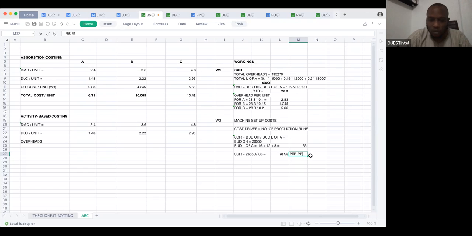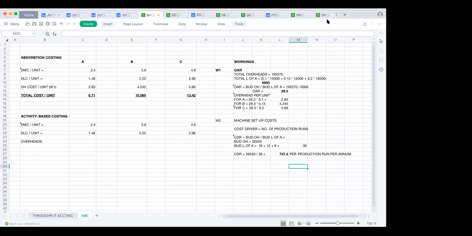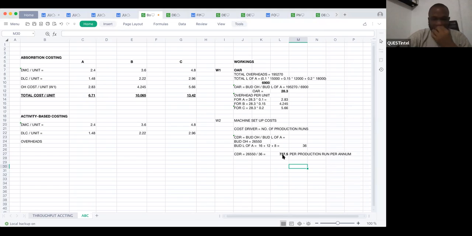Per production run. Okay. Per annum. So for every production run, we are incurring 737.5. That's one.